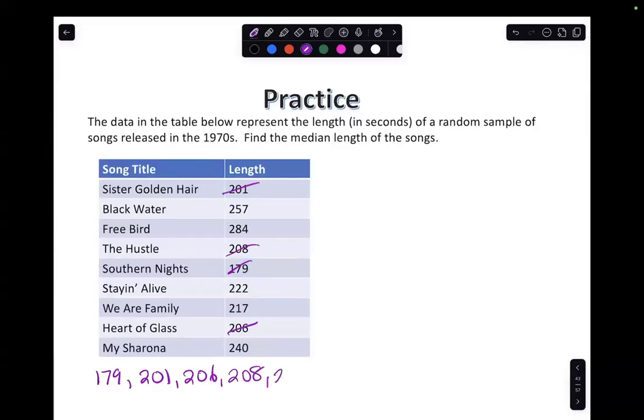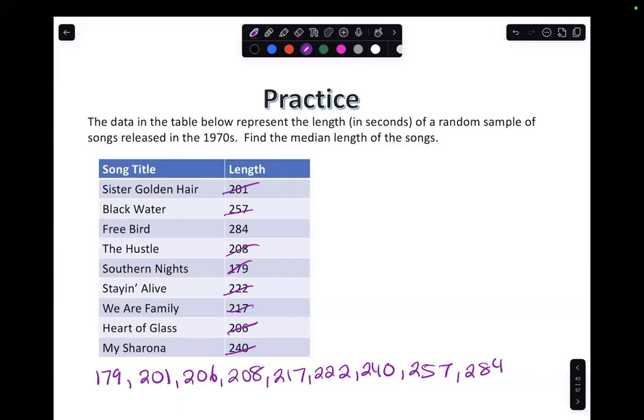So not only ordering numbers, but counting. My high school students love to pick on me that I can't count. Okay, there we go. Go ahead and find the median.